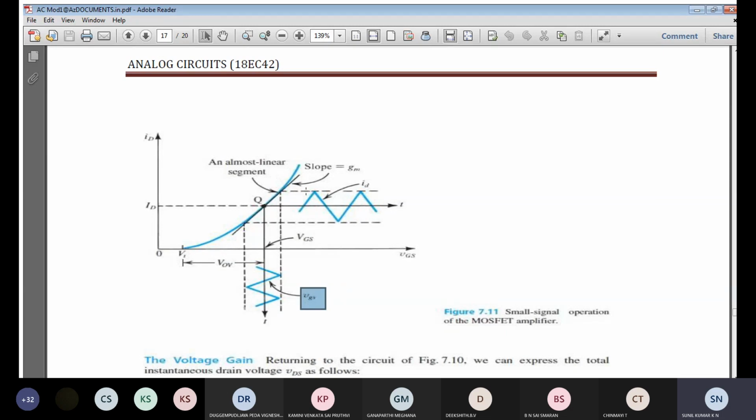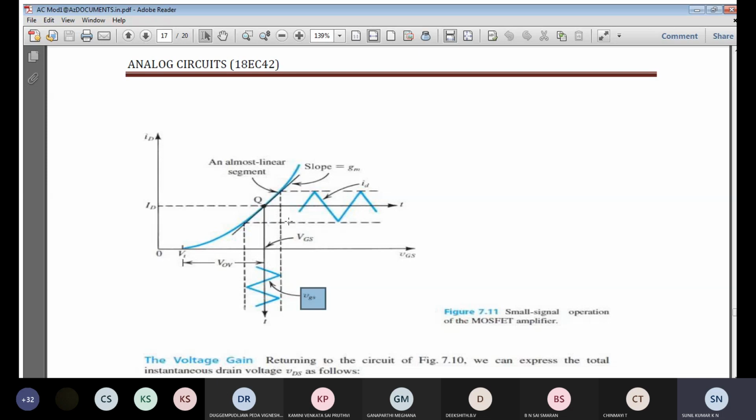At the same time, you can see the output drain current is also going to vary, since the gate to source voltage varies. Obviously the drain current, which is a function of this gate to source voltage, is also going to vary because of the signal gate to source voltage.